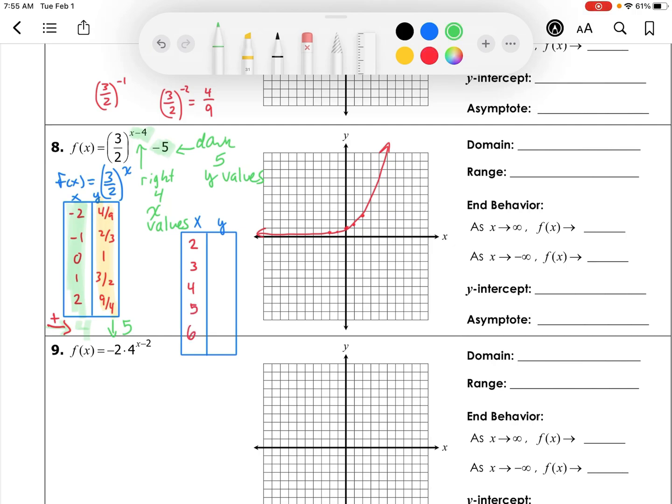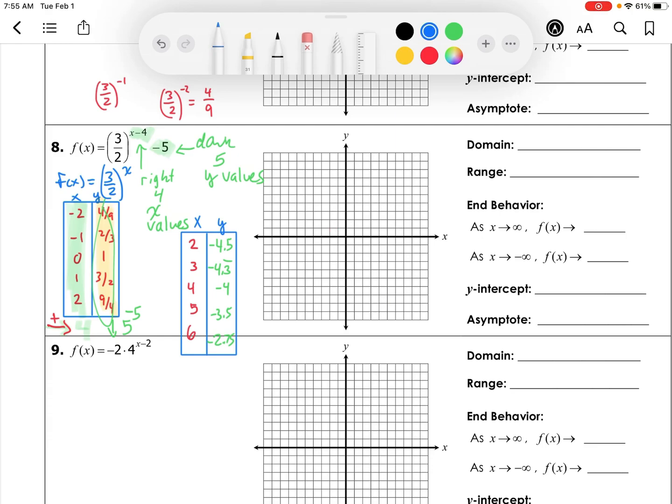Down 5. For all those, I'm going to subtract 5 from all my y's. So this is what I have left over. Subtracting 5 from all the y values right here. Or you can even look at your graph and take the points we had and just move them right 4 and down 5, whatever is easier for you.